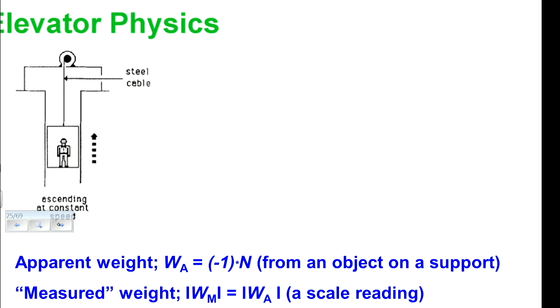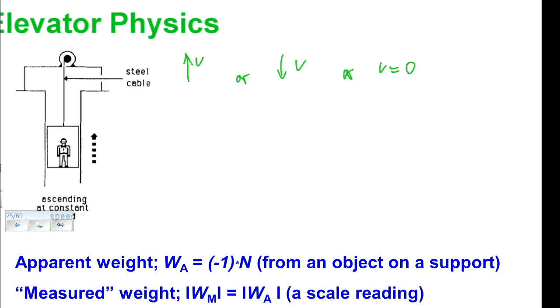Well, the velocity might be pointing up or down or be zero. Does it help us? Not really, because apparent weight is related to a force. Force is related through Newton's law to acceleration.